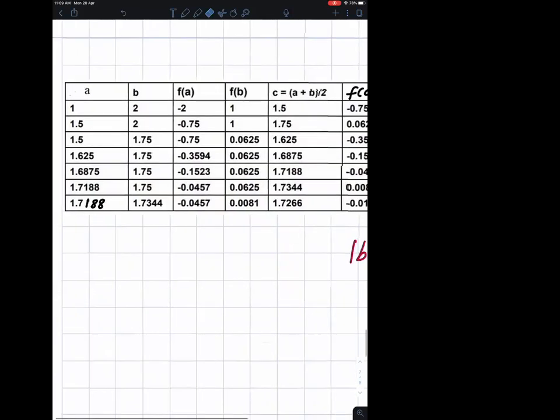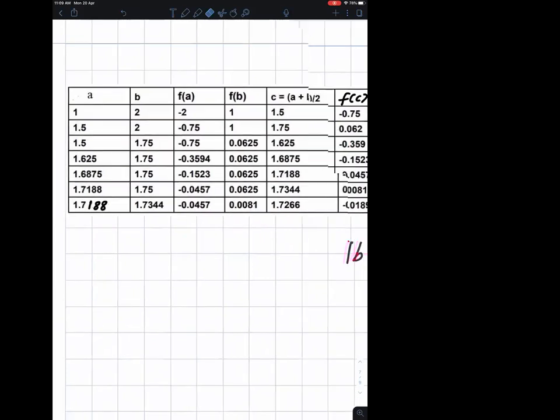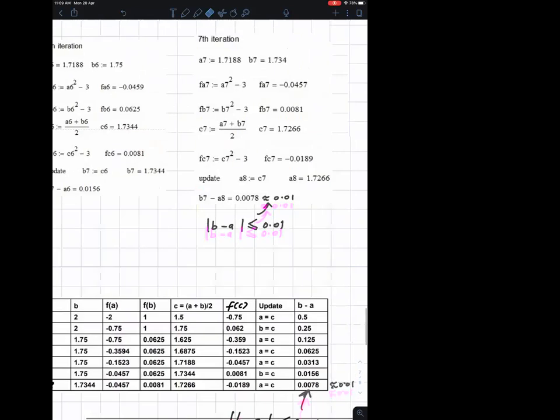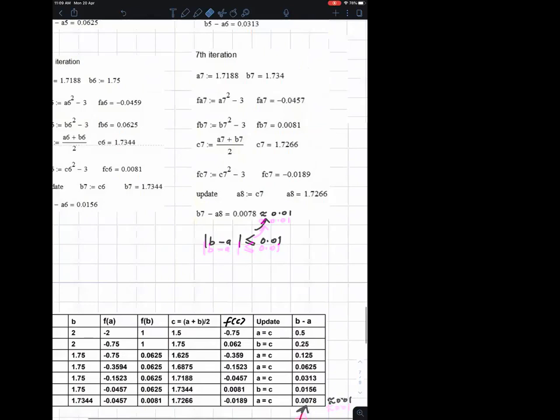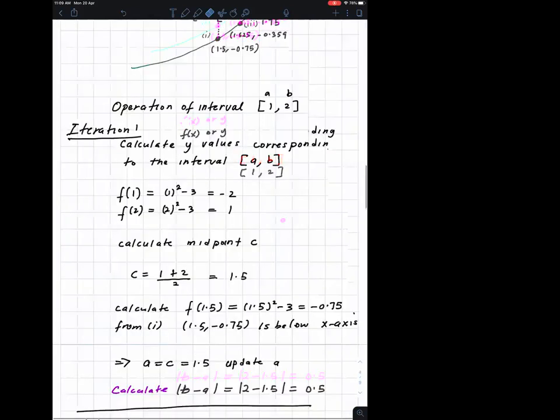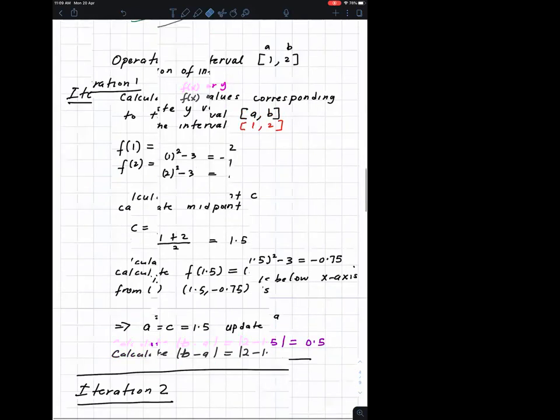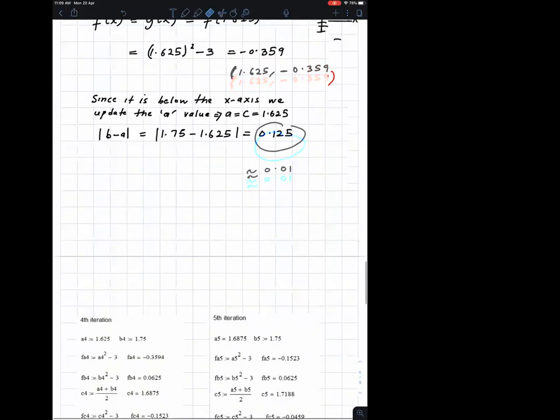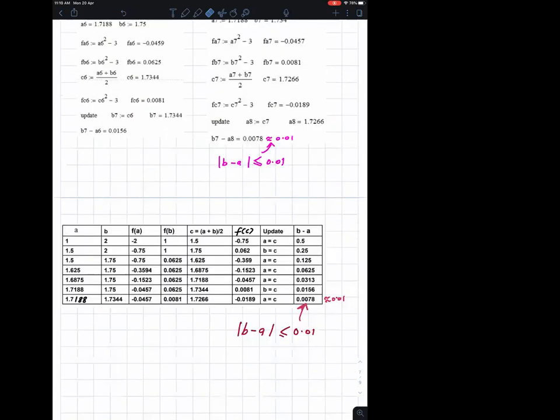So for the assignment, what I would like you to do is just do what I have done. Do this by hand up until iteration 3, then following that, just follow this. We only have up to the 7th iteration, right?